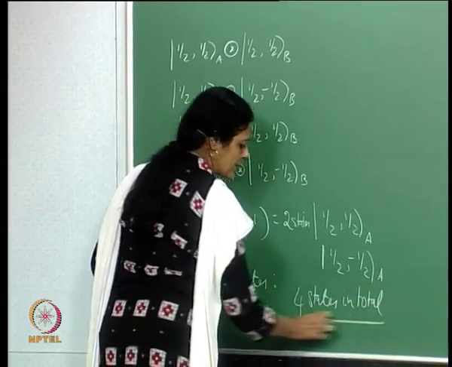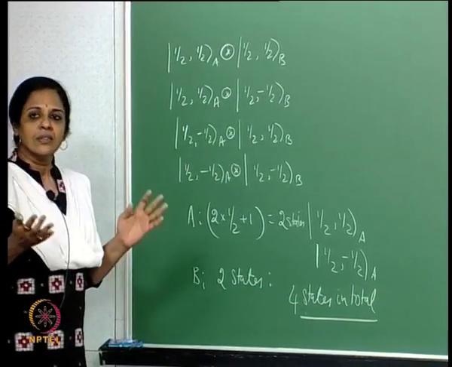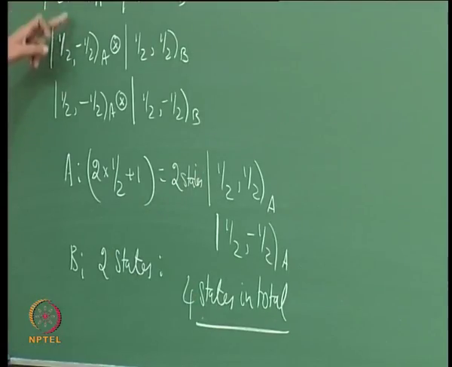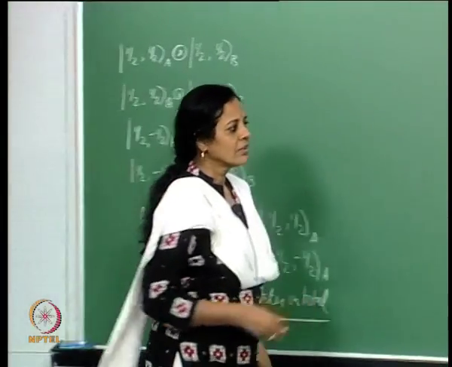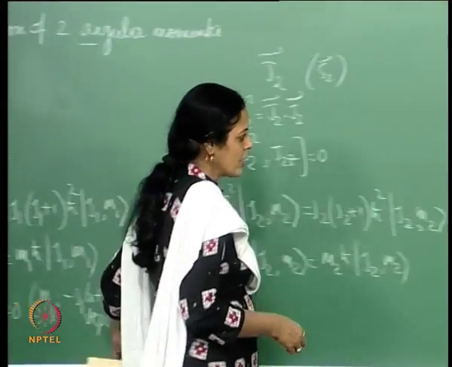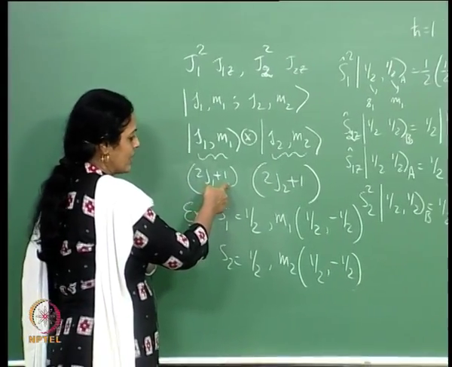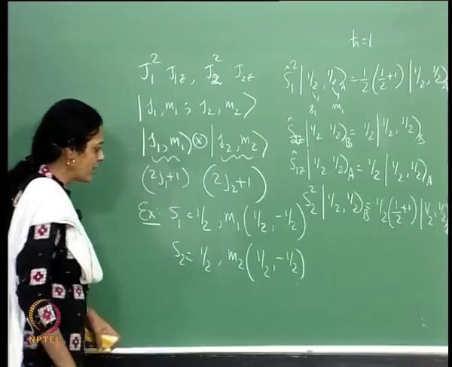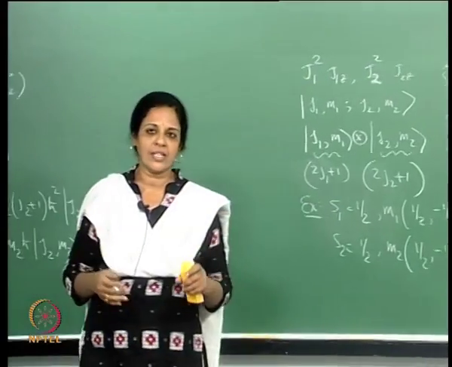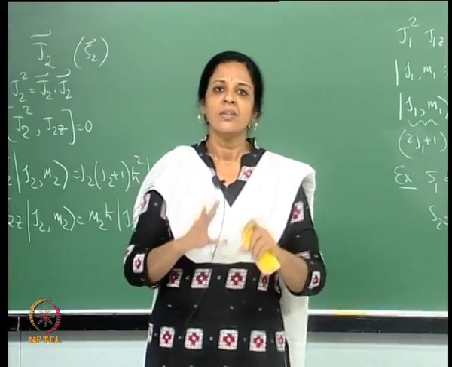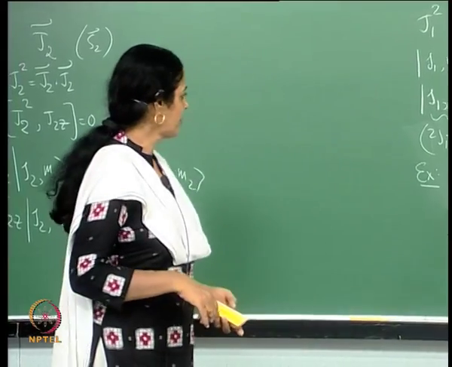So, these are the basis states of the 2 systems taken as a whole, and I have given you the 4 states here. This is merely an example. In general, therefore, we have 2J1 plus 1 states times 2J2 plus 1 states, and this is going to be the complete set of basis states for the composite system.